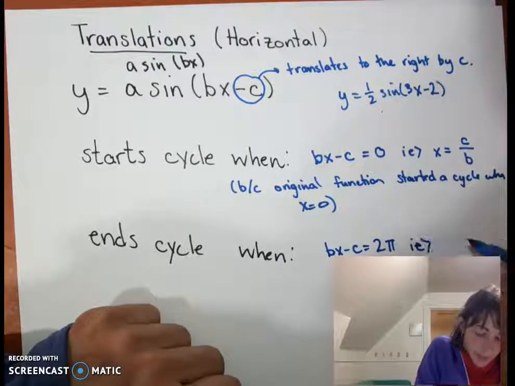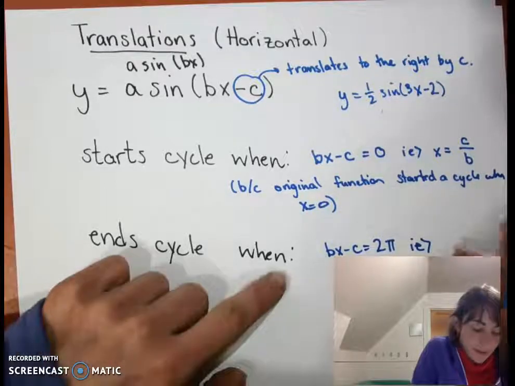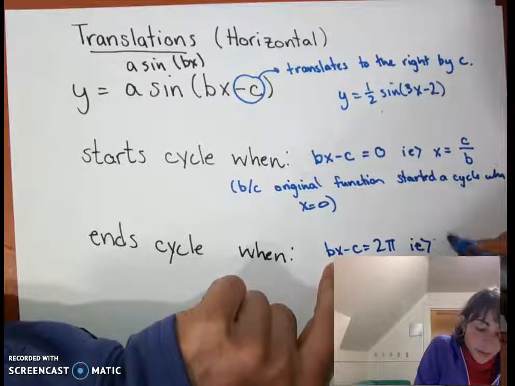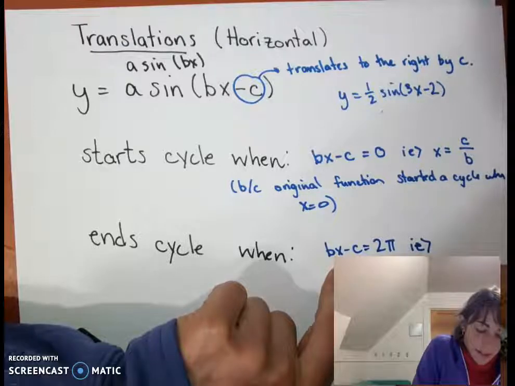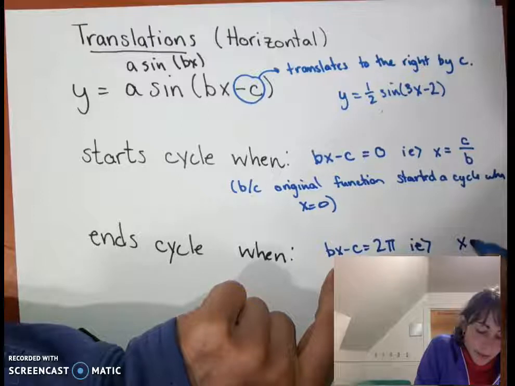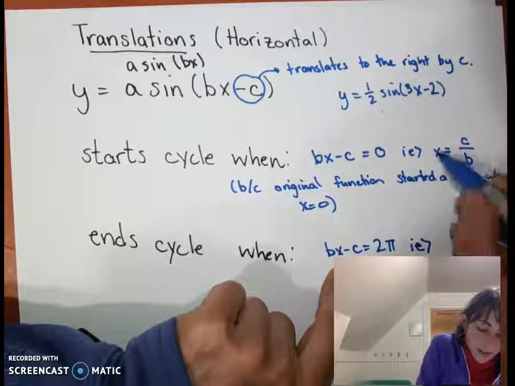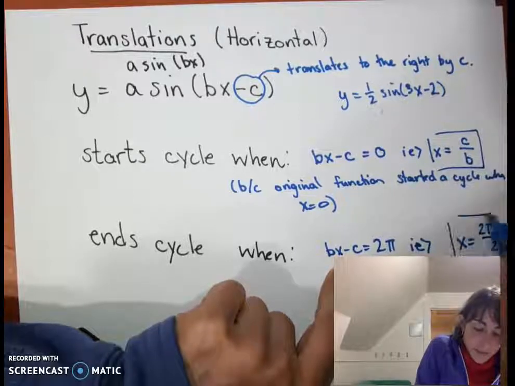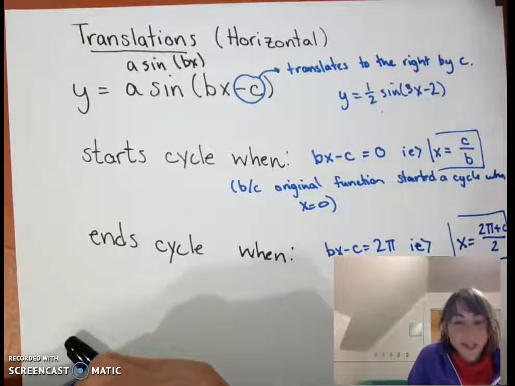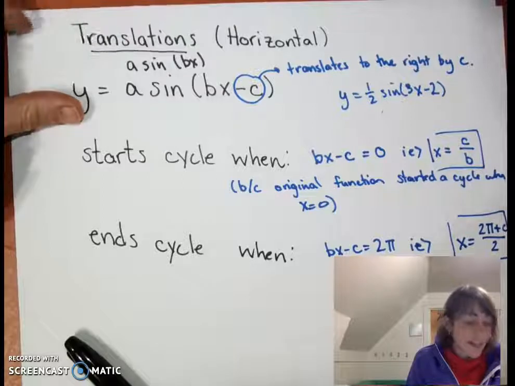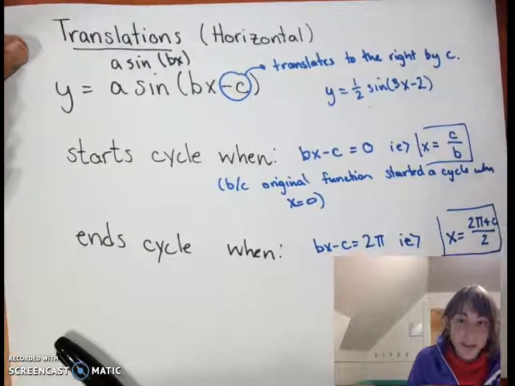In other words, we can solve this one for x as well. So maybe I'll show some more steps here. This is the same as bx equals 2 pi plus c, or in other words, when x equals 2 pi plus c over b. So we can use this information to graph, and I just want to show you a quick example of how that works.